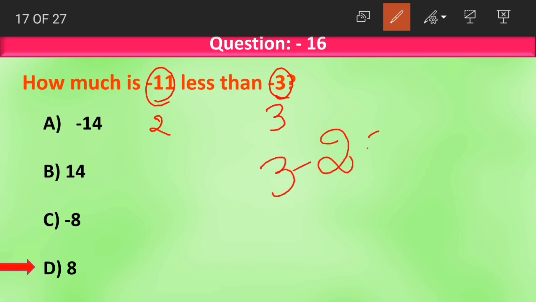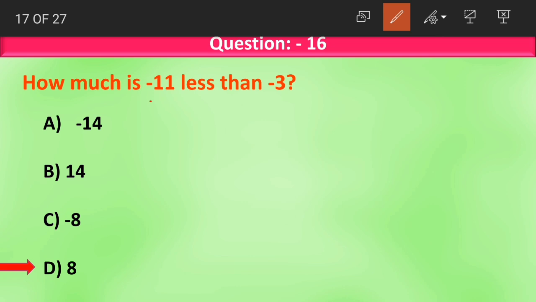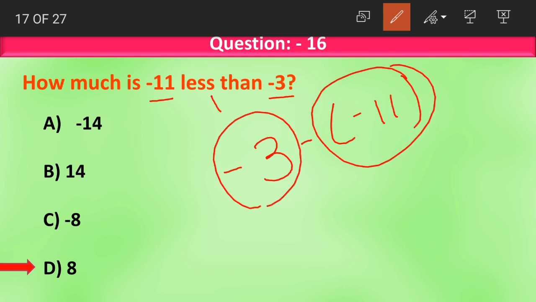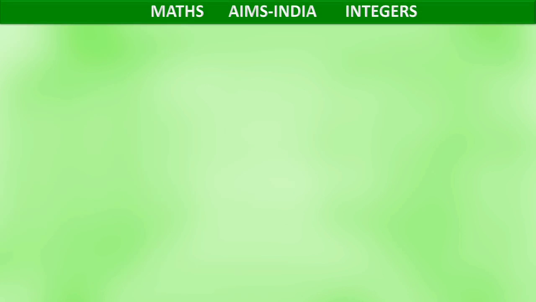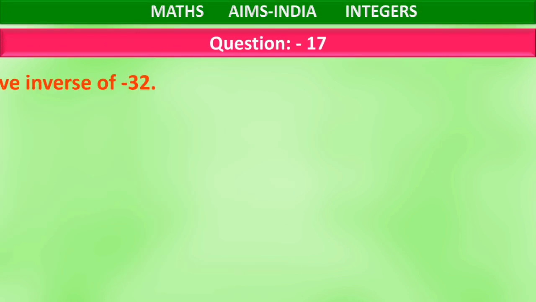You will subtract 2 from 3. 3 minus 2 will give us 1, right? In the same way, when they are asking minus 11 less than minus 3, you have to subtract minus 11 from minus 3. Minus 3 comes first and minus 11 comes second. Okay class, clear? Moving on, question number 17.